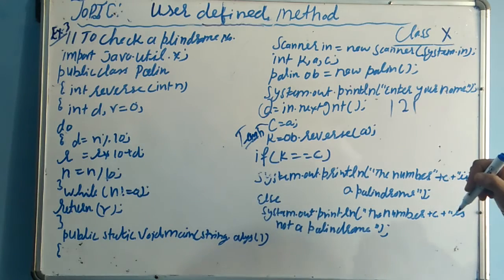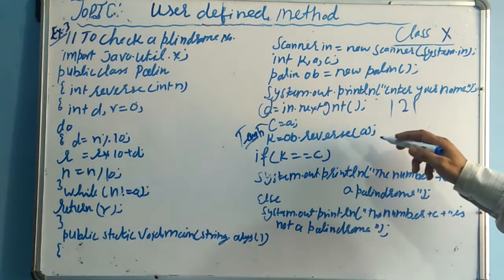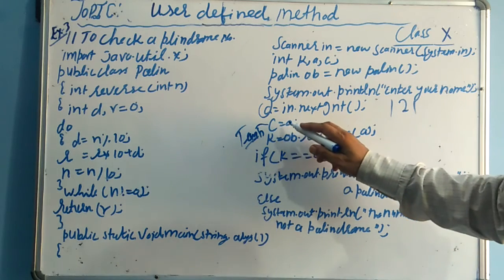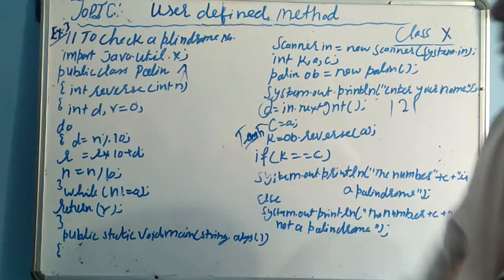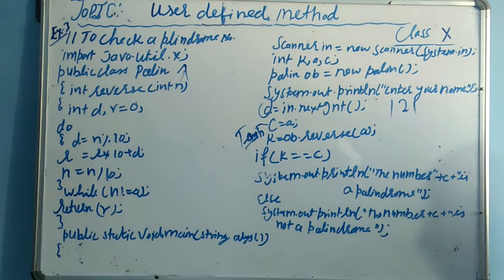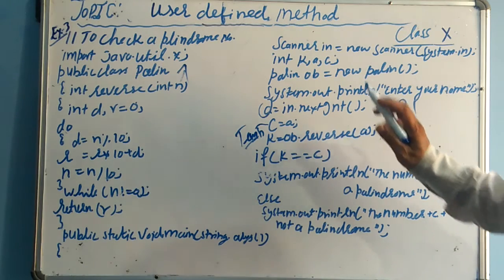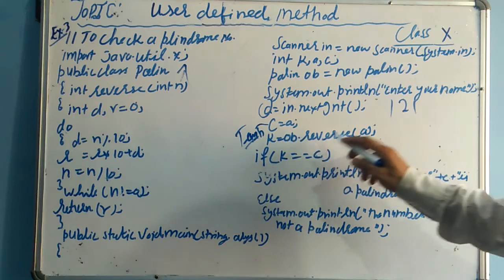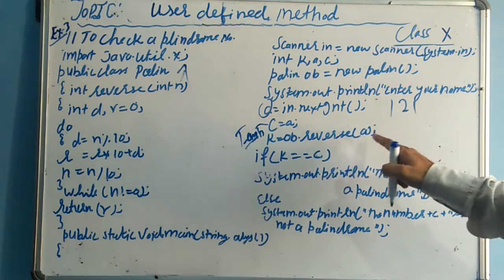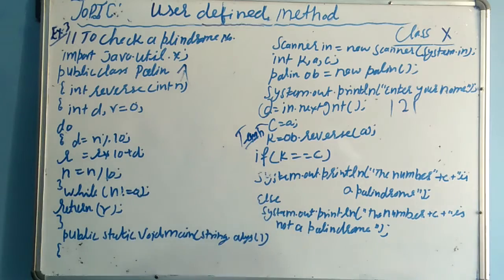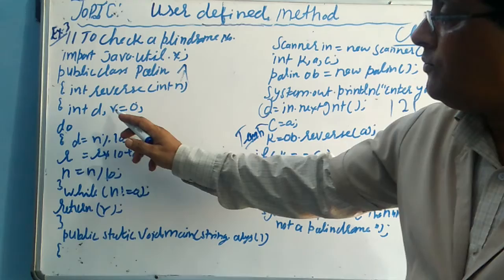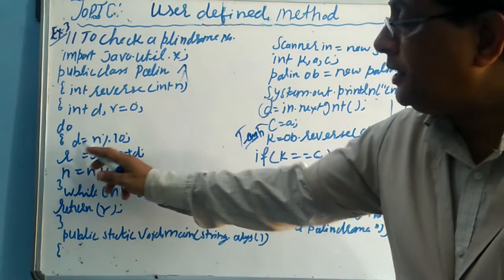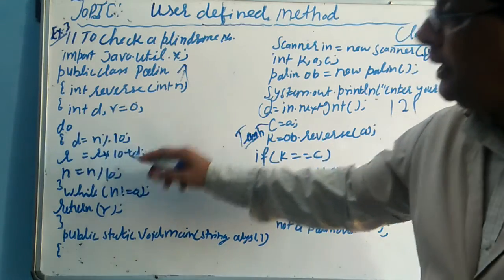This parameter is n, which will convert the value of the object reverse a and n. This value of n is given, integer d or r is equal to 0 and d is equal to n modulo 10.